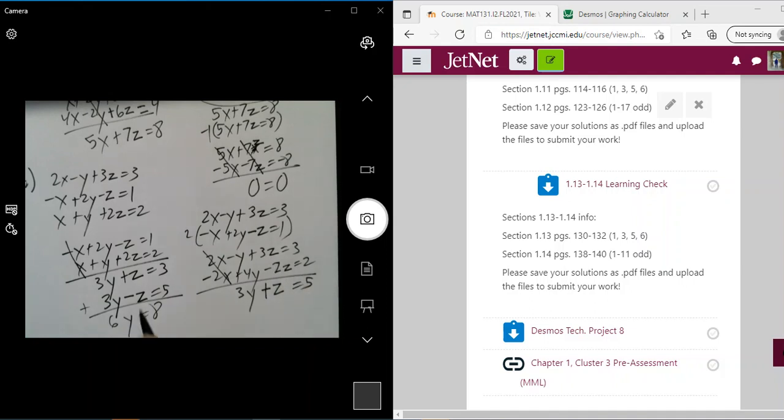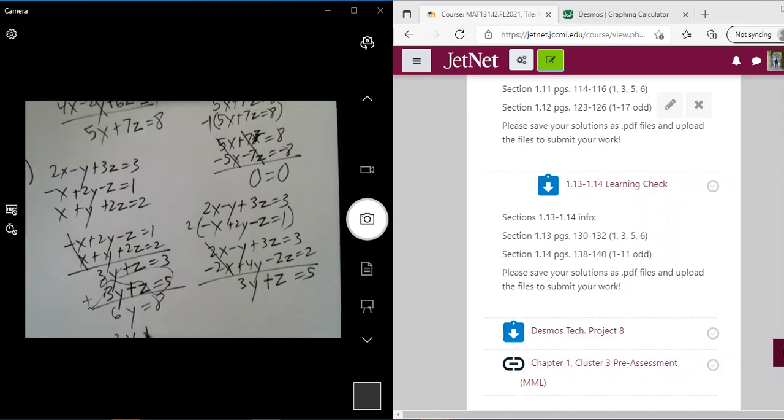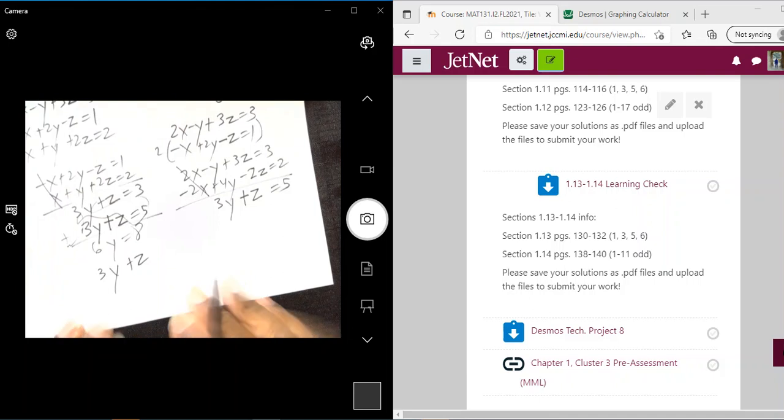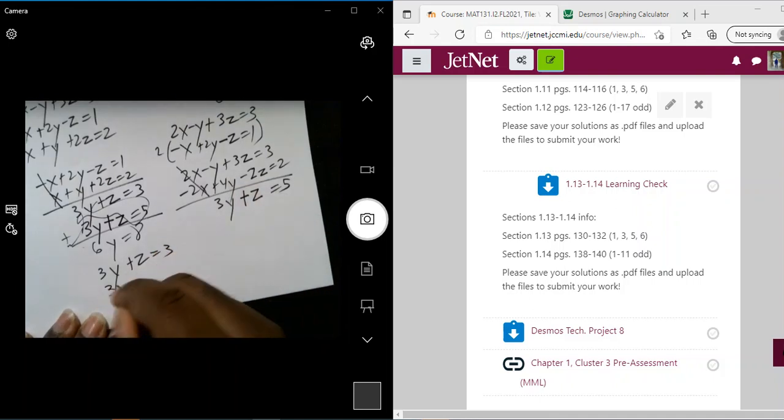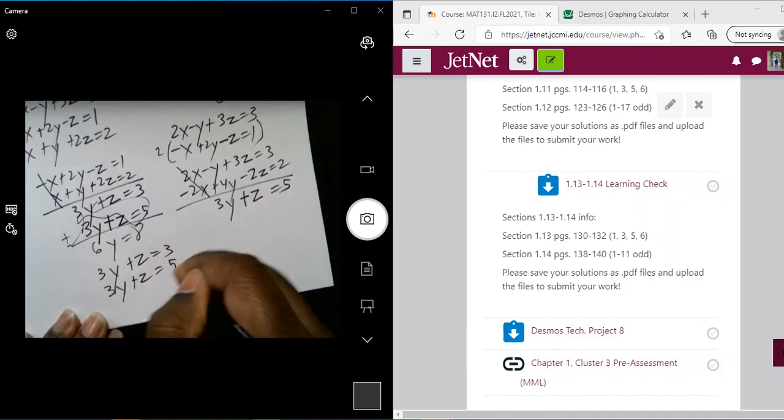That's supposed to be a plus z. So this should have been plus z. So let me rewrite this again. So we should have had 3y plus z is equal to 3. 3y plus z is equal to 5.